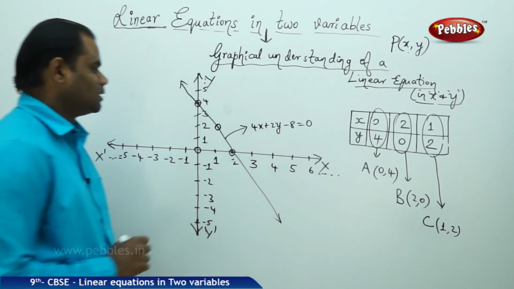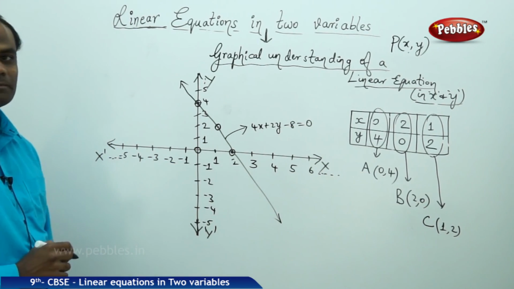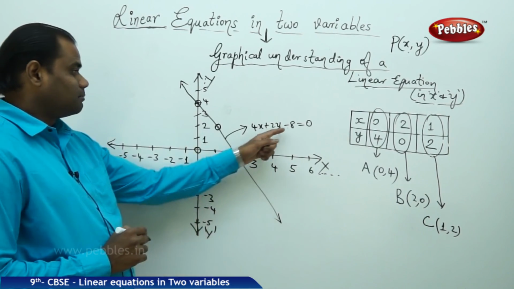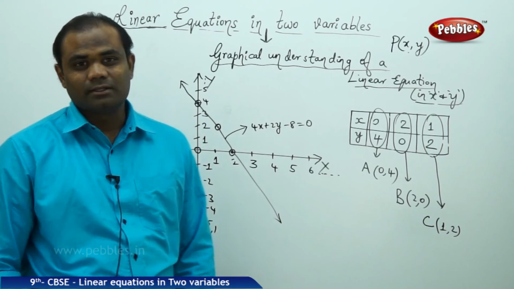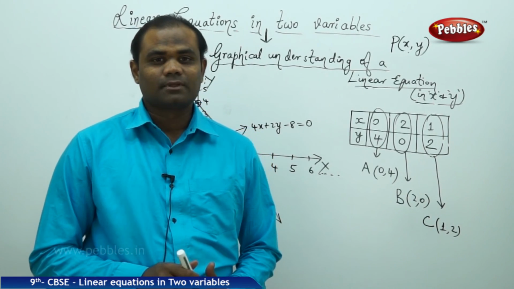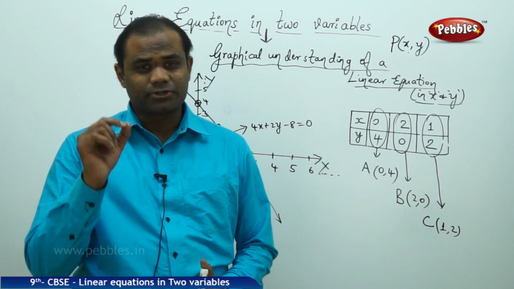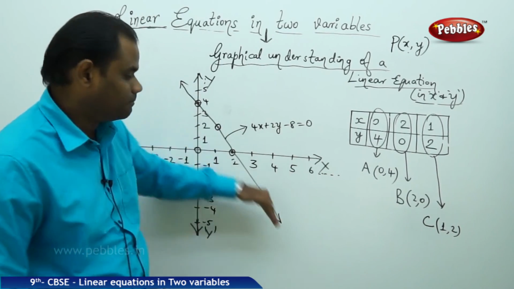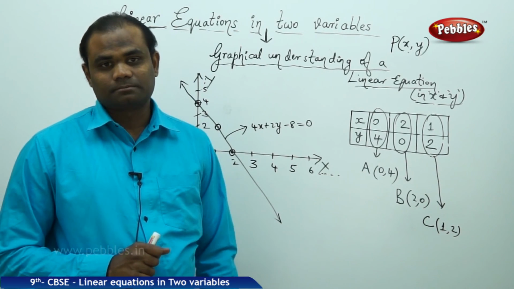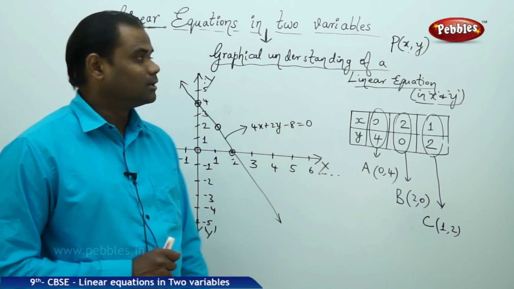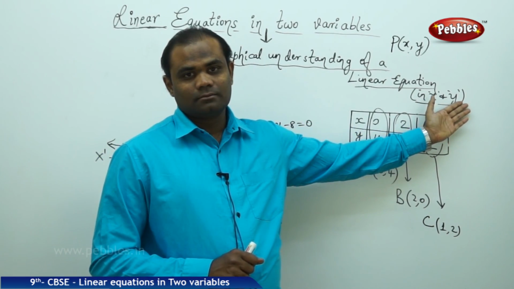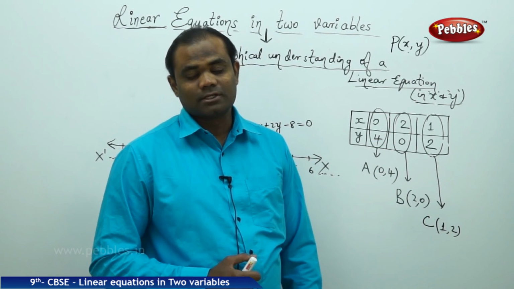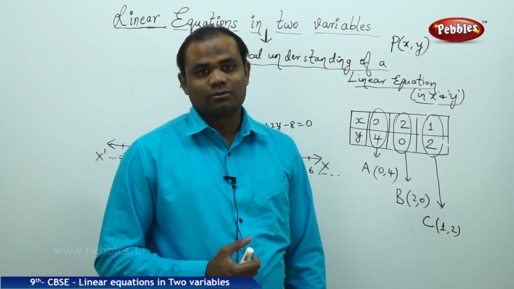A line with the equation 4x plus 2y minus 8 equal to 0 is this line in the xy coordinate system. A linear equation is a straight line, as given here in the coordinate system. Graphical understanding of a linear equation in x and y, a straight line, is how I understand the learning outcome.